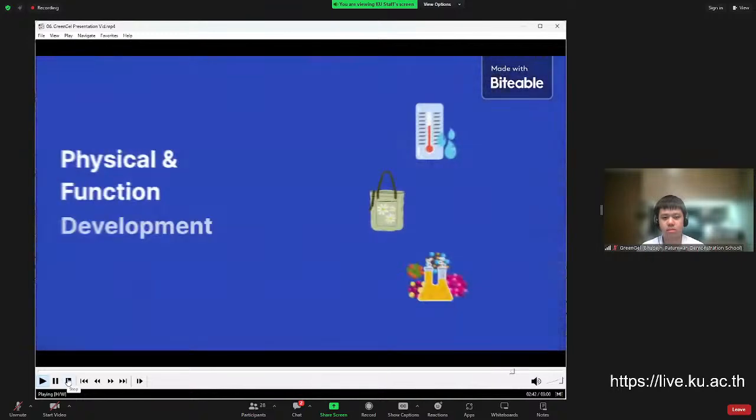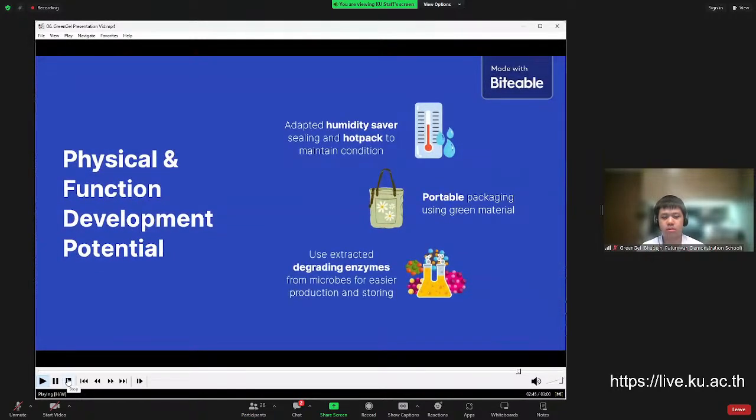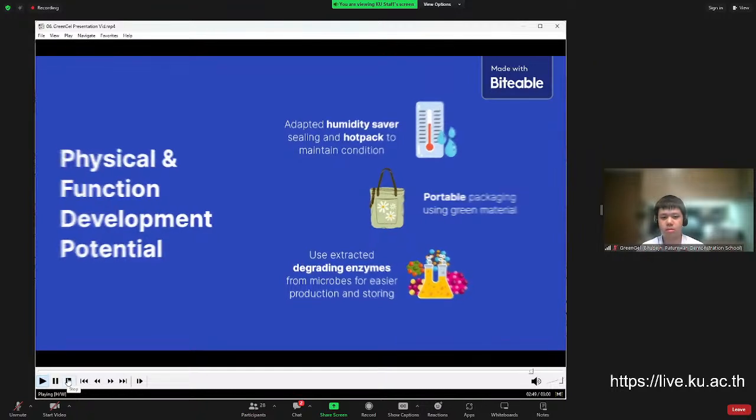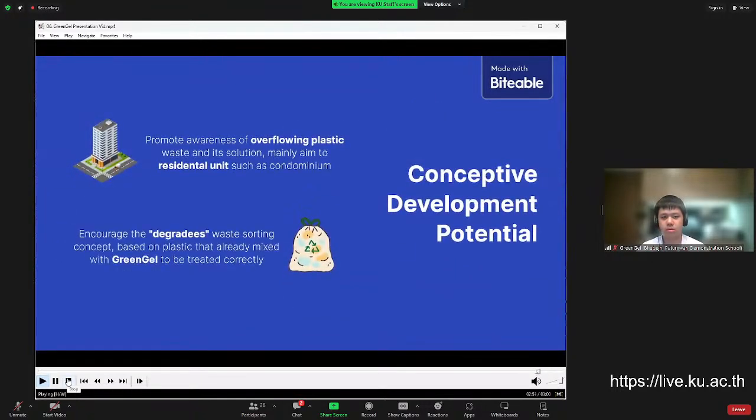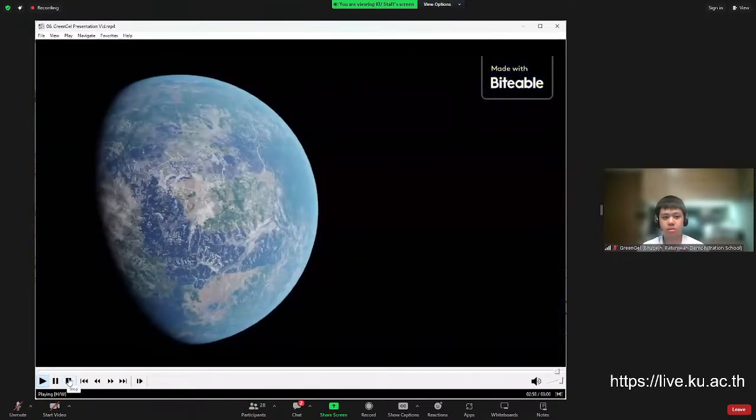In the near future, we'll be using humidity saver, portable packaging, and using degrading enzymes instead. We'll promote awareness of overflowing plastics and encourage the degrades, which based on usage of green gel. Let's save the planet we're living on together. Thank you.